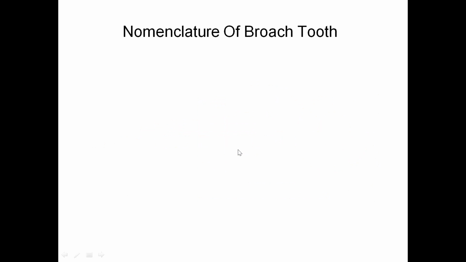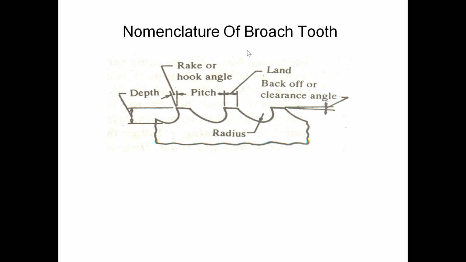Next, nomenclature of broach, the nomenclature of broach teeth. There are various terms: land, face, tooth, relief angle, and other angles. So this is the nomenclature of the teeth. Here we can see this is called root radius, not only radius.